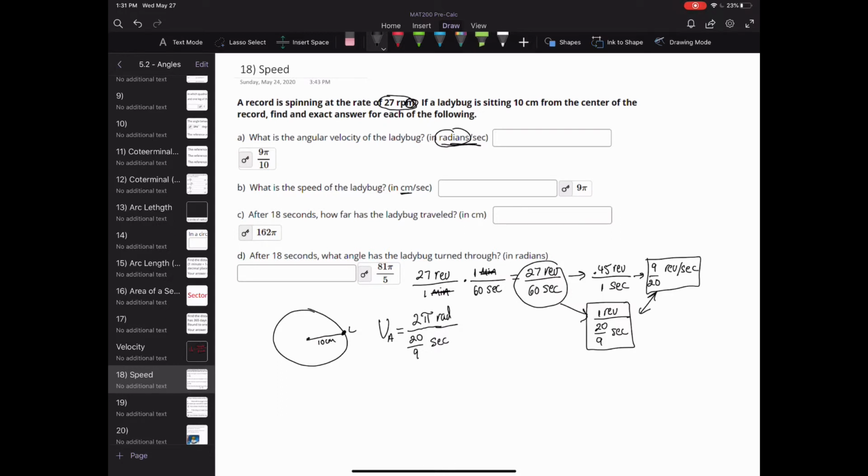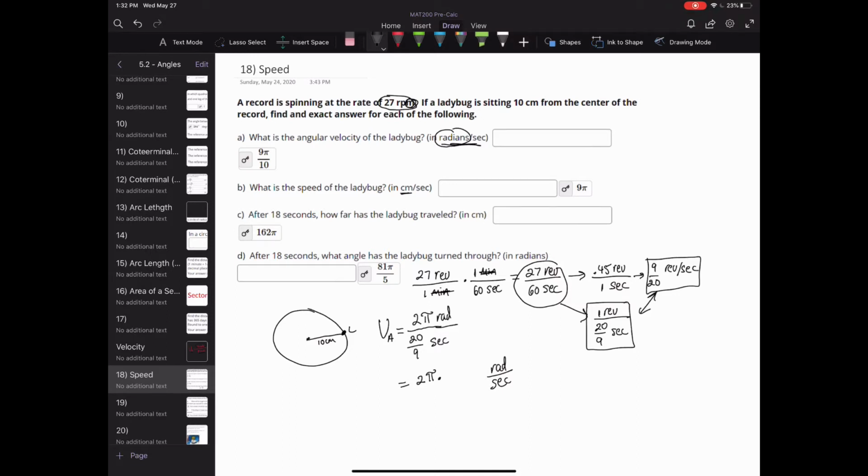Alright, so let's simplify this thing. Now I'm just going to write it like this so you can see it. 2 pi. Now I'm just going to leave the units out. We know the answer is going to be in radians per second. So 2 pi. Now when you're dividing, you're really multiplying by the reciprocal.